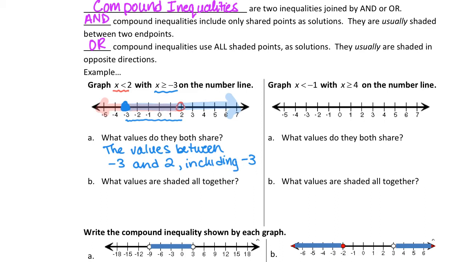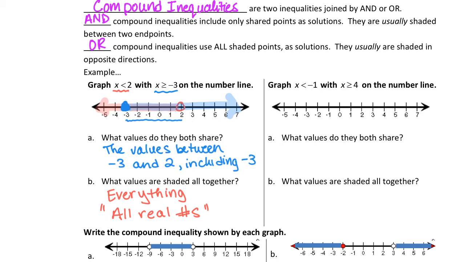Then, what values are shaded all together? Well, everything's shaded. In math, we call that all real numbers. Sometimes you can use the pound sign to mean numbers, a little shortcut instead of writing out the word numbers.